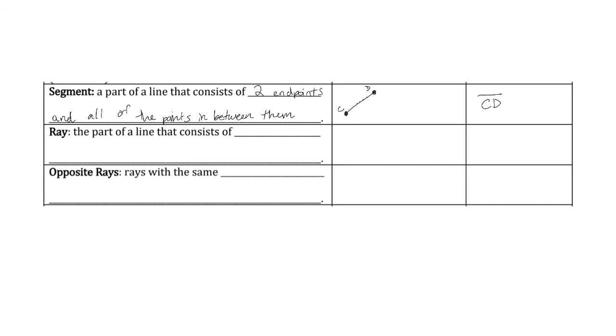A ray is similar to a segment and a line. A ray is the part of the line that consists of an endpoint, so one endpoint, and all the points that extend infinitely in one direction.